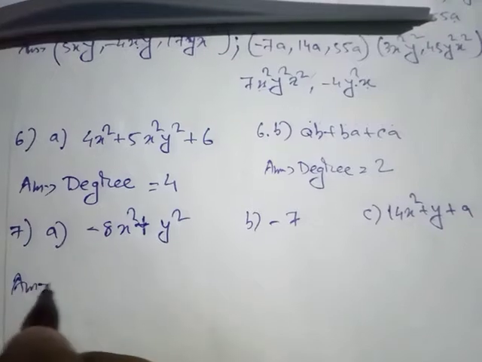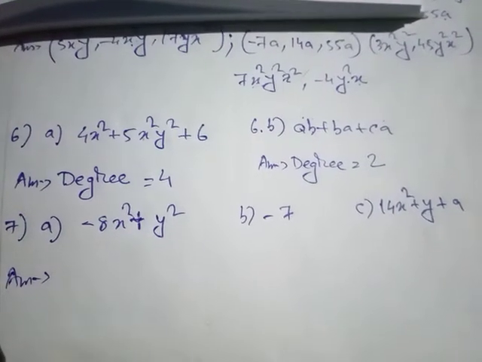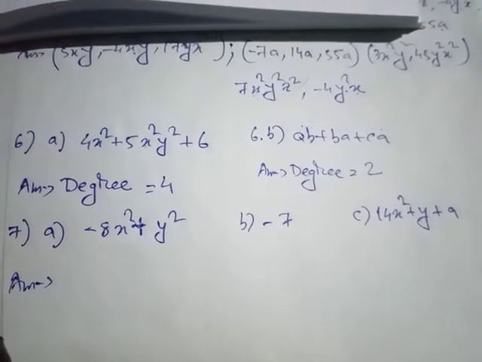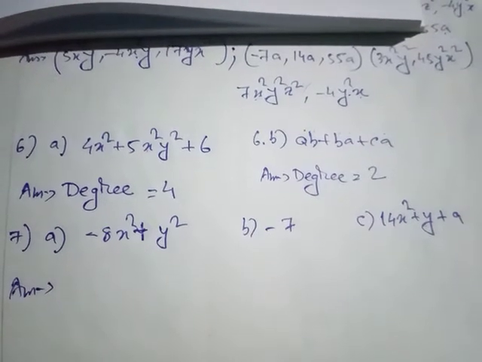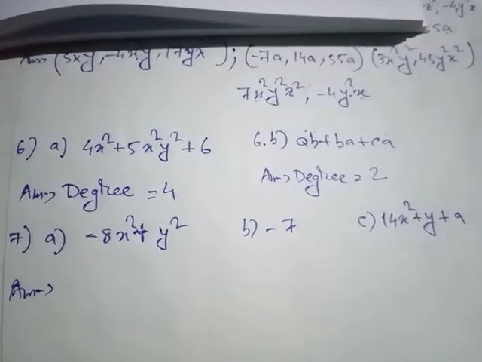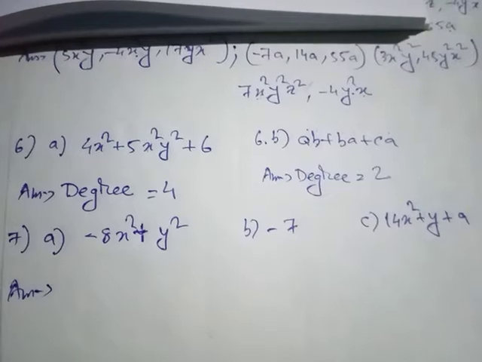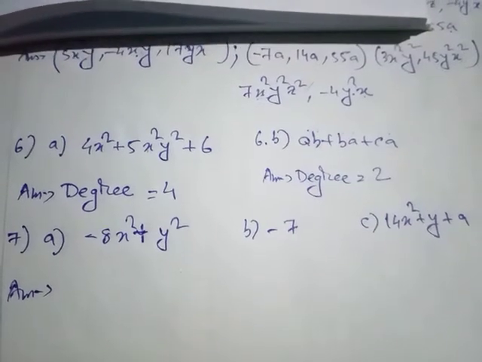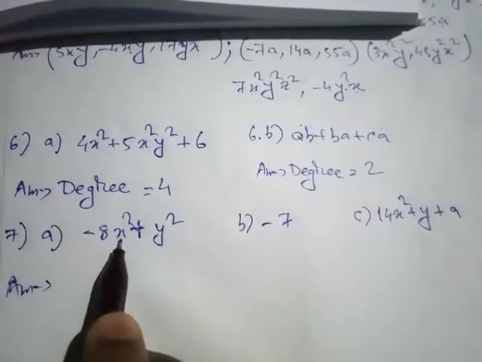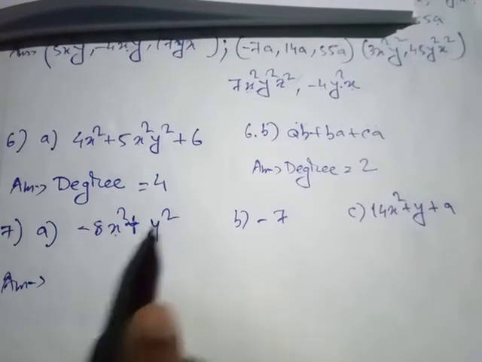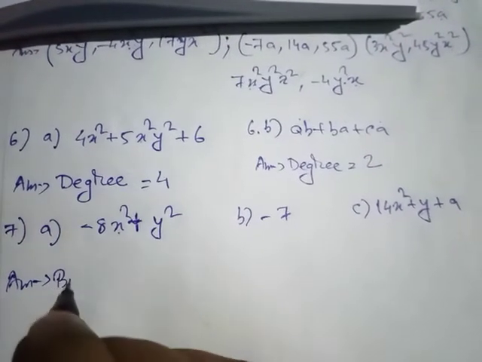Next question, question number 7. Identify the monomials, binomials and trinomials of the following. If the algebraic expression has only two terms, then it is a binomial. Only one term is a monomial, and 3 terms is a trinomial. So there are 2 terms, 8x square is the first term, this is the second term, so it is binomial.